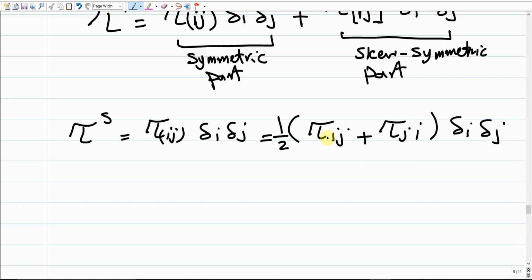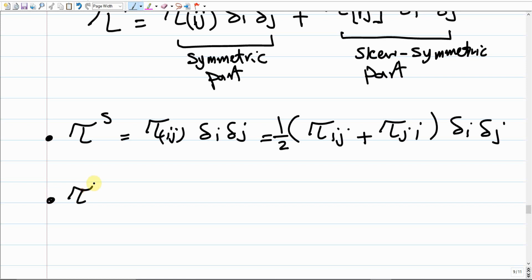It means that you just add the tensor to its transpose to end up with its symmetric part. If you sum them together, as we discussed above for adding two tensors, adding the components together and taking half of them, like taking the average of these components, you end up with the symmetric part of the general tensor.